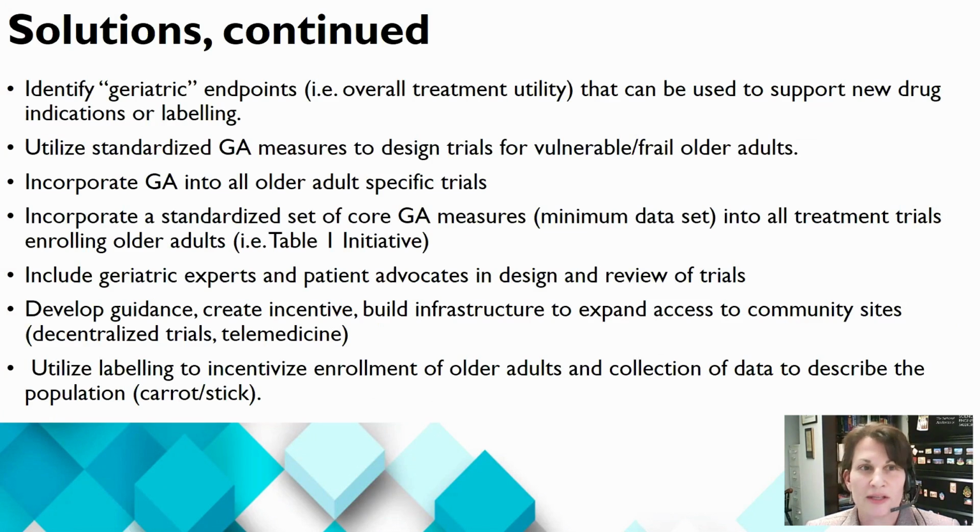We discussed specifically identifying validated geriatric endpoints, such as the overall treatment utility outcome that was mentioned in one of the prior sessions, that could be used to support new drug indications or labeling. We talked about the importance of utilizing standardized geriatric assessment measures to design trials for vulnerable and frail older adults. And I think this is really important for us to emphasize here.